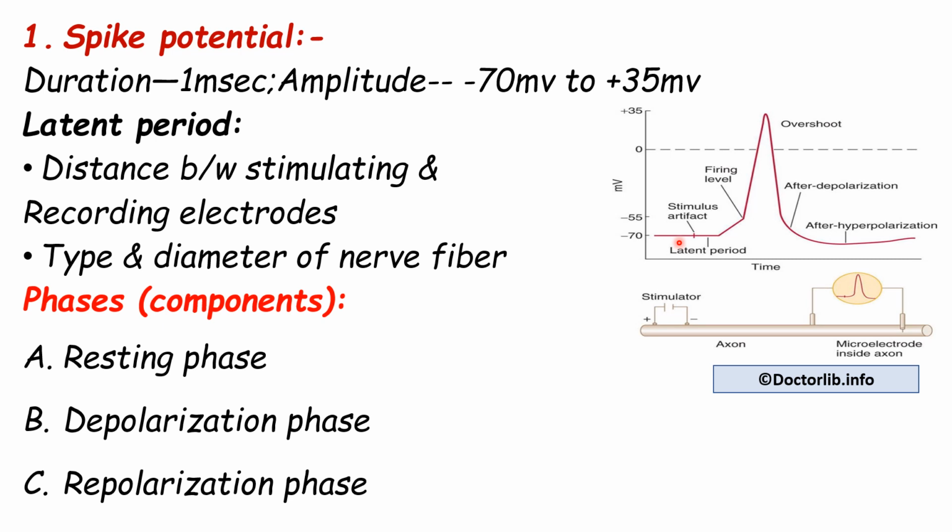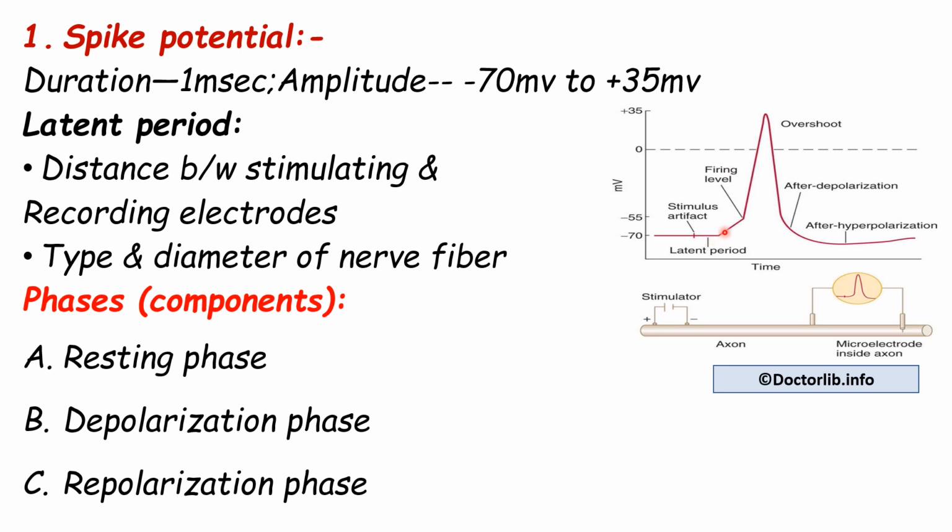If we give a threshold stimulus, or minimal stimulus, it is a stimulus which is able to generate a response in the form of action potential in the neuron, and the same is the case with the muscle. So here what will happen? We give a stimulus, and the stimulus is a threshold stimulus.